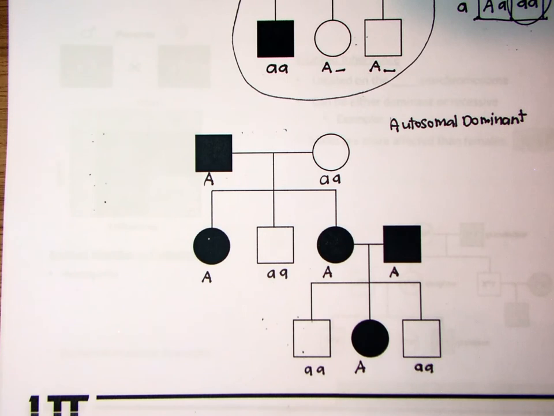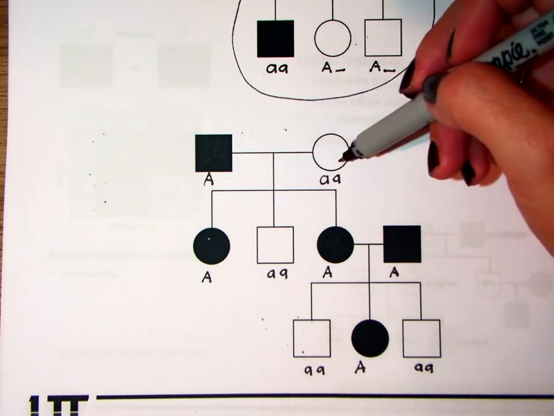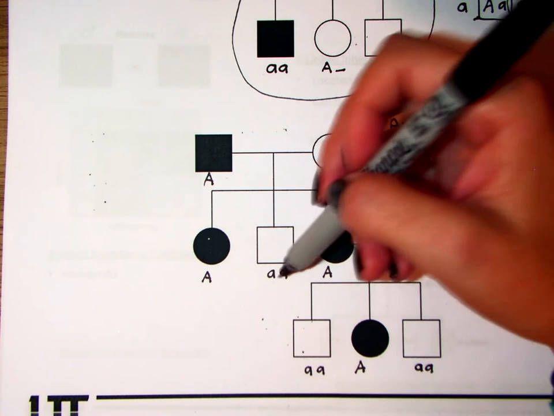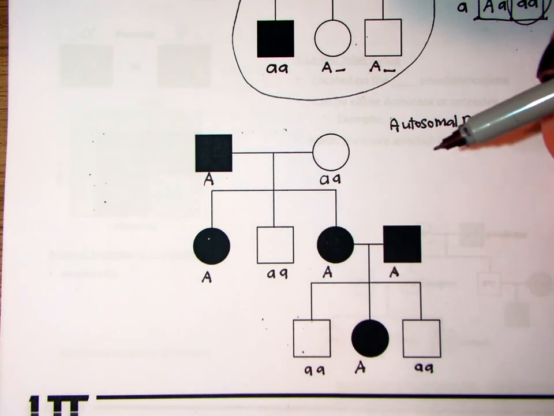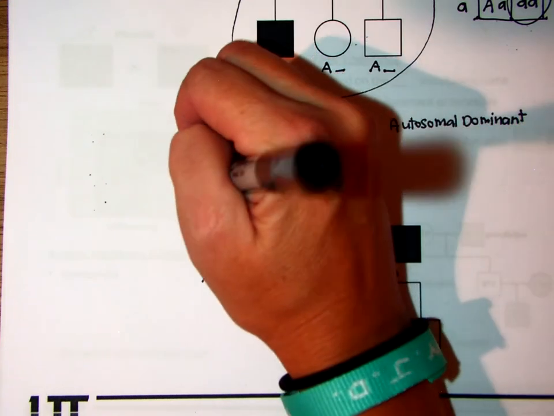Alright, if we look at this first marriage here, they have an offspring that's little a, unaffected. And the only way that that could happen is if this parent had a little a. So we can say that.